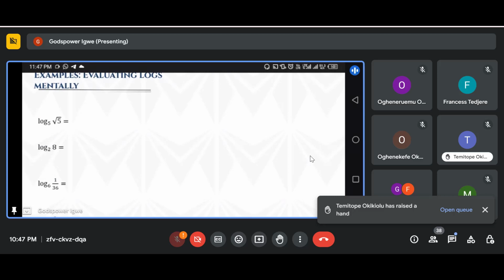Wait, this log 5 is the same thing as log 5 to the power 1 over 2.